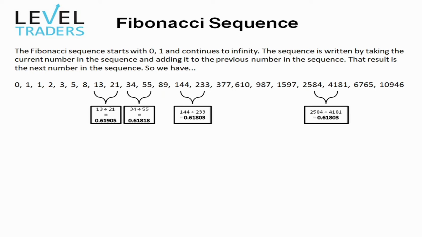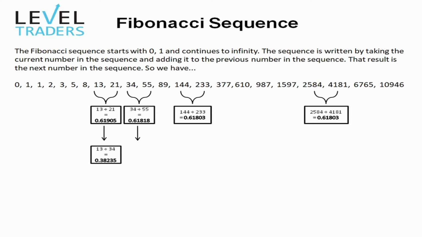Now, let's say instead you divide the number that you have in the sequence by two numbers ahead of it in the sequence. Let's see what happens. Let's try 13 again. This time, instead of dividing by 21, we divide by 34. So 13 divided by 34, 0.38235.